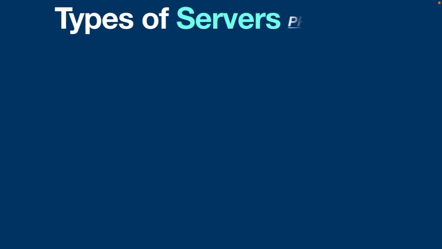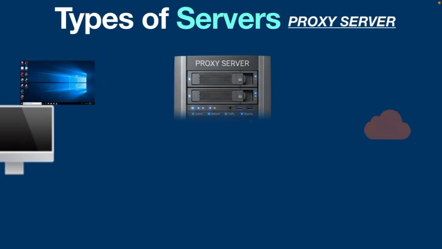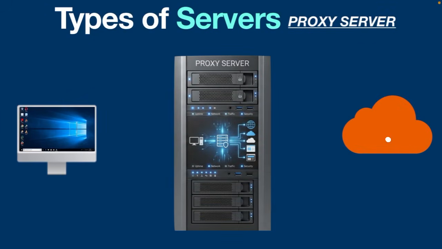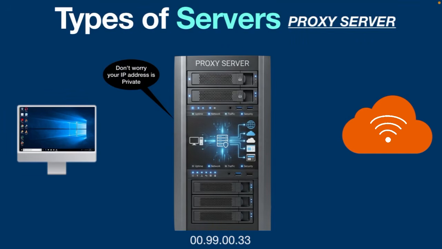Number 7. Proxy server. A proxy server is an intermediary system that sits between your device and the internet, handling your requests and forwarding them to the websites on your behalf. A proxy server has its own IP address that your computer knows, and it keeps your IP address private. So people out on the internet don't know exactly where you are located in the world, which improves privacy, security, and access control.